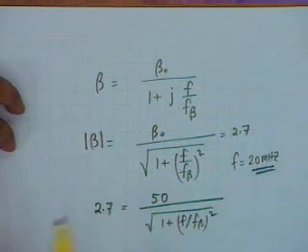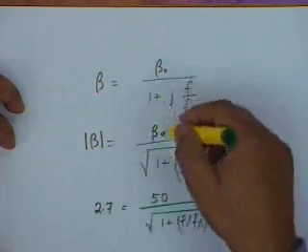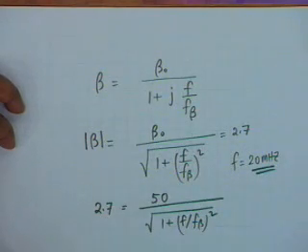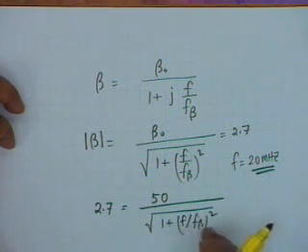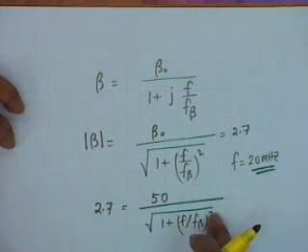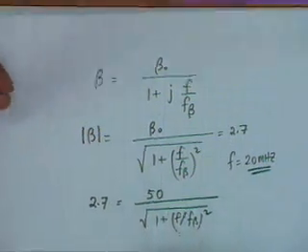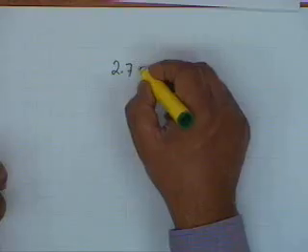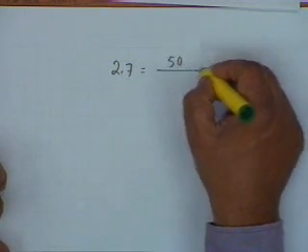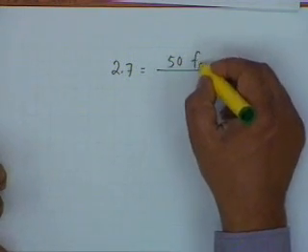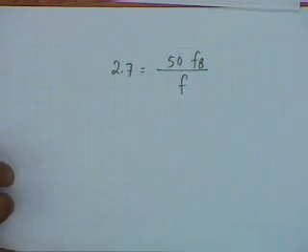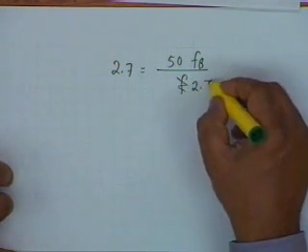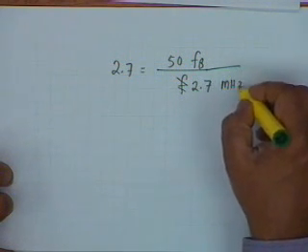Now at such a high frequency, 20 megahertz, 1 can be ignored compared to f by f beta. From 50, beta has come down to 2.7. It's beyond f beta, and therefore the f by f beta whole square term dominates the denominator, and you can write 2.7 as equal to 50 divided by f by f beta, where f is 20 megahertz.